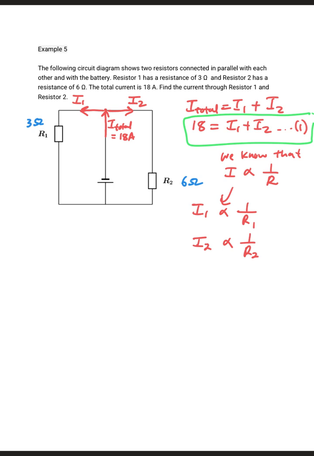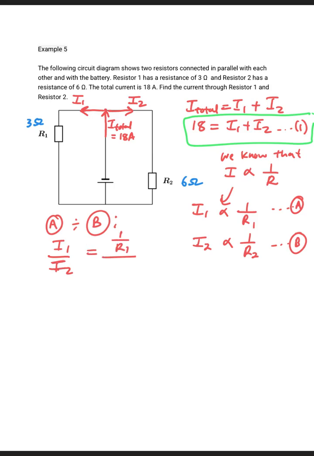Now, when we divide these two, I'll call them equation A and equation B. So when we divide them, equation A divided by equation B, we're going to have I1 over I2 is equal to 1 over R1 over 1 over R2.